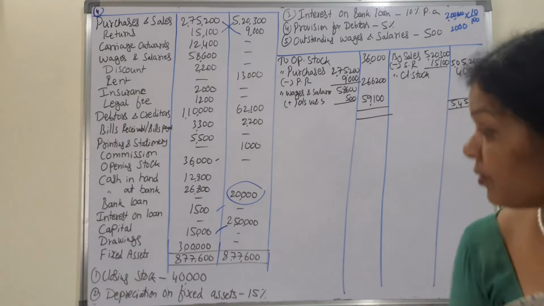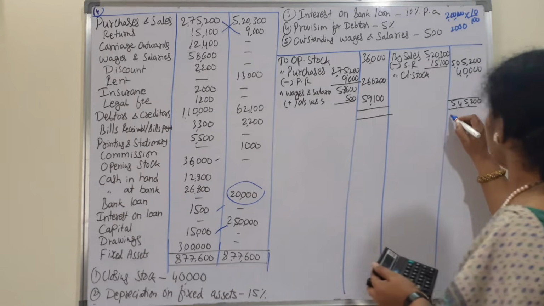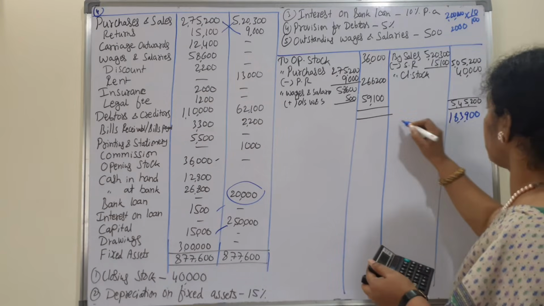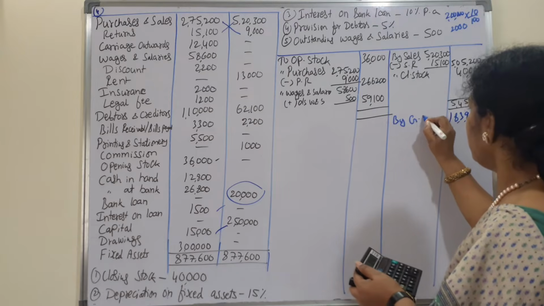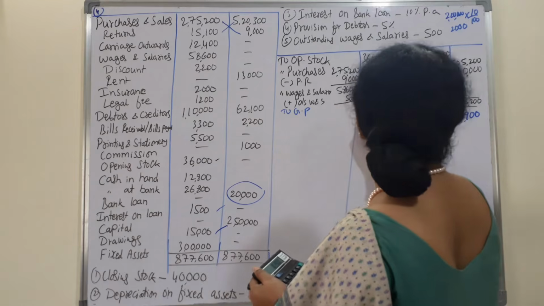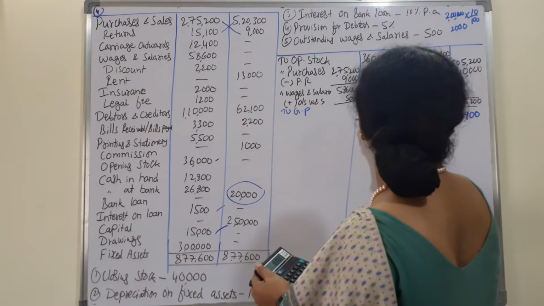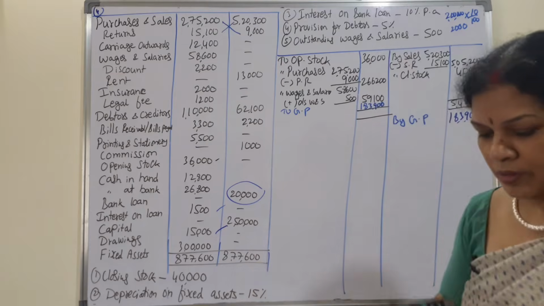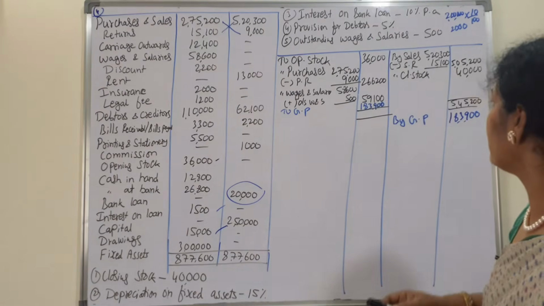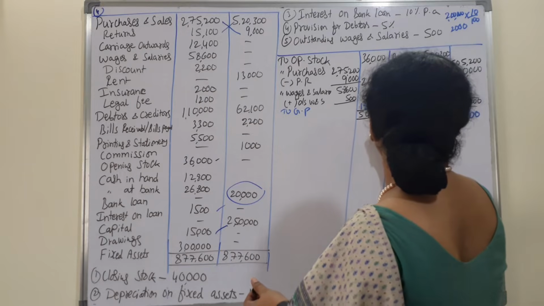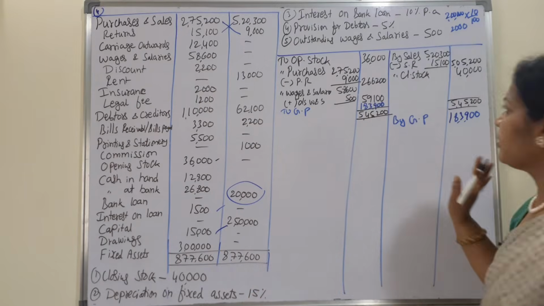We are getting 1,83,900. This is the gross profit, by gross profit to gross profit, 1,83,900. And this side is 5,45,200. Gross profit we got it.